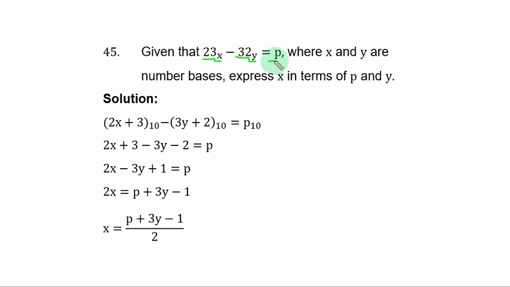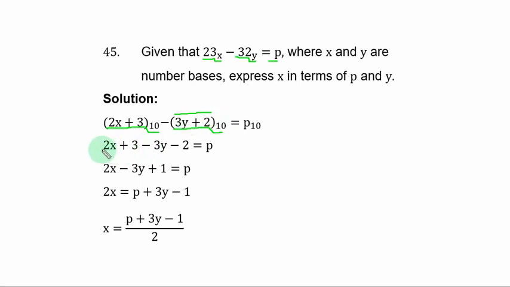Following from the previous example, you have 2s plus 3 base 10, the equivalent of 23 base s, minus 3y plus 2 base 10, the equivalent of 32 base y, equal to p base 10. We have two terms coming after a minus sign. You put them in brackets and use the minus sign to open the bracket.